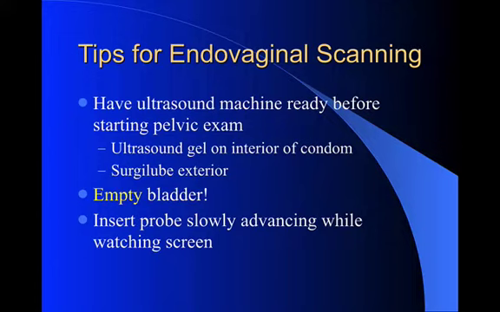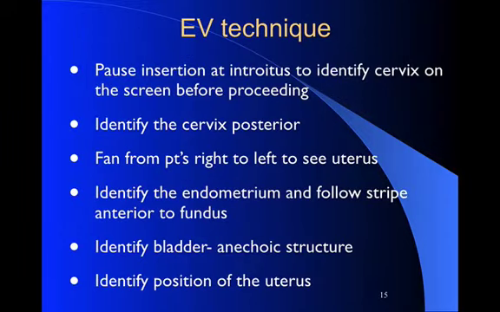An empty bladder is best, and you will insert the probe into the introitus, stop, and look up at the screen. Continue looking at the screen for the remainder of the exam to keep the cervix in view. Once we pause at the introitus, we identify the cervix, usually posterior, and then we fan from the patient's right to left to see the uterus.